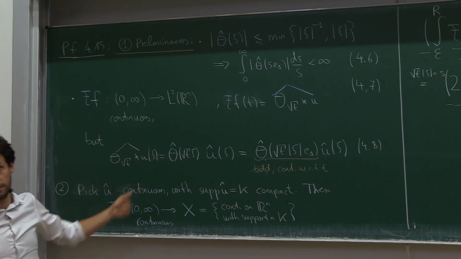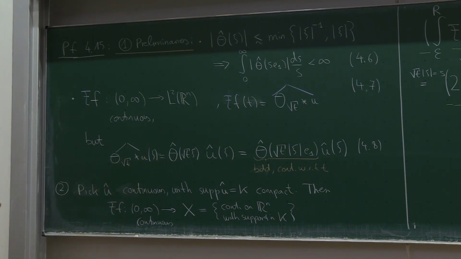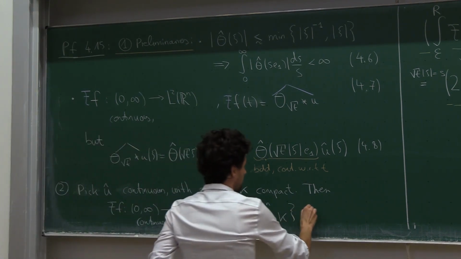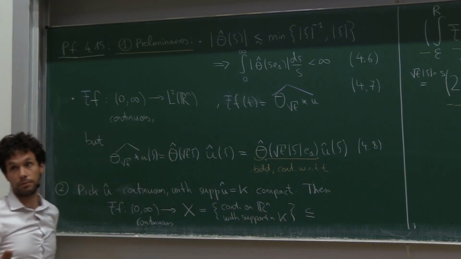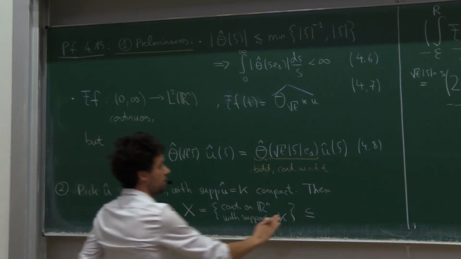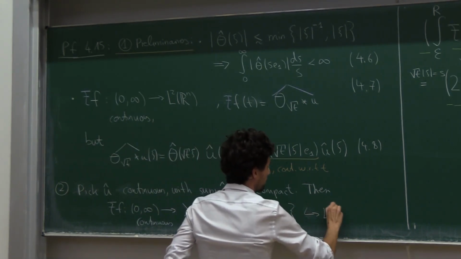This map becomes continuous by some uniform continuity argument. And continuous functions that vanish outside of K with the supremum norm, this is injected into L2.